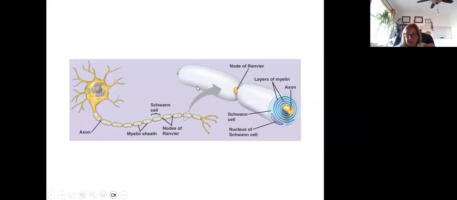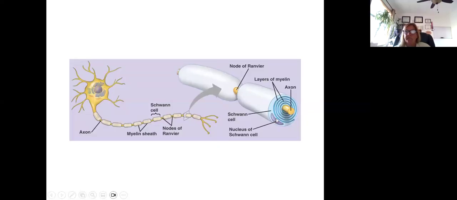So just a quickie here. Here's your true axon in the middle. Then you have layers and layers and layers of myelin. Your Schwann cell lives in that myelin.